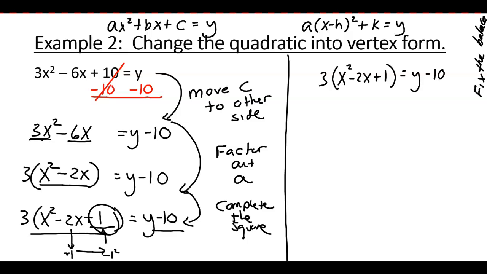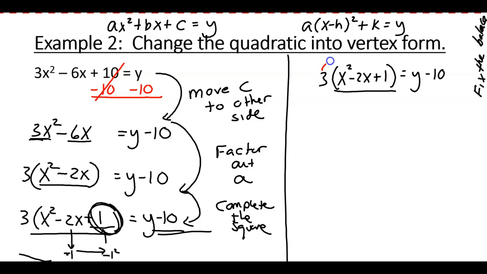Now, you guys might think, well, Mr. Bailey, you added 1 on this side, so just add 1 over here. But I didn't add 1 to this side. It looks like I added 1. But everything in parentheses here is being multiplied by 3. So by putting a 1 in here, I actually added how much to this side? 3. So here's how you should show your work here.